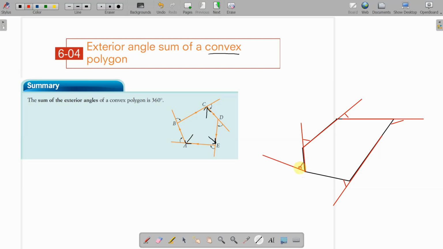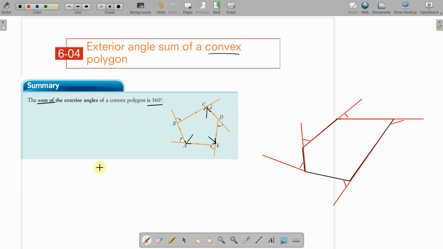You should end up with the same number of external angles as the number of sides. So we have 1, 2, 3, 4, 5 sides. 1, 2, 3, 4, 5 external angles. The good thing is that with this, the sum is always 360, no matter how many sides.